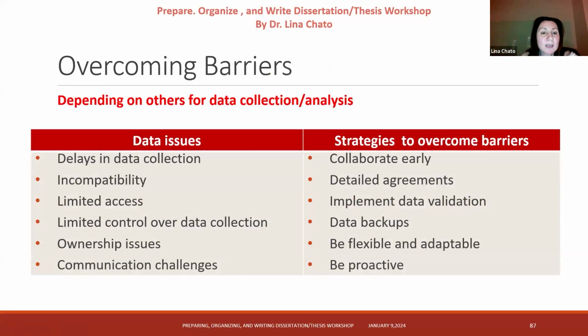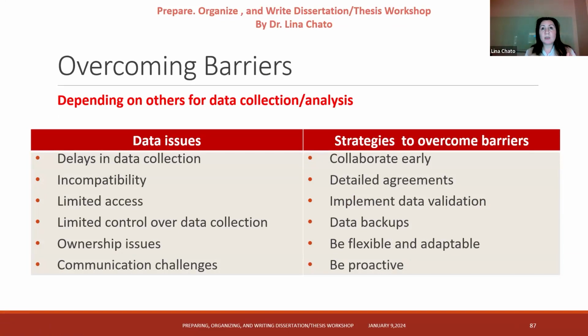Also, as I mentioned, there is depending on others for data collection. For example, you get a delay in data. You are not the person who collects the data. Other institutions, other people, other organizations are responsible for collecting this data. So maybe you get a delay because this task requires time.